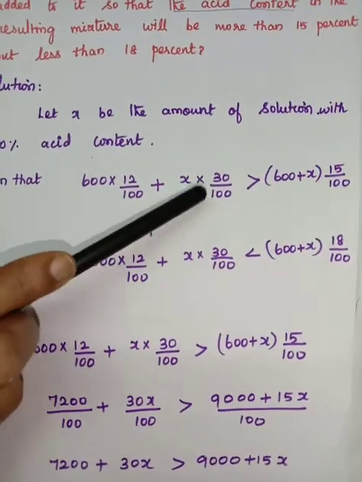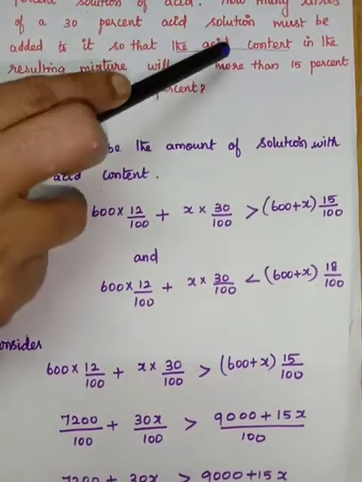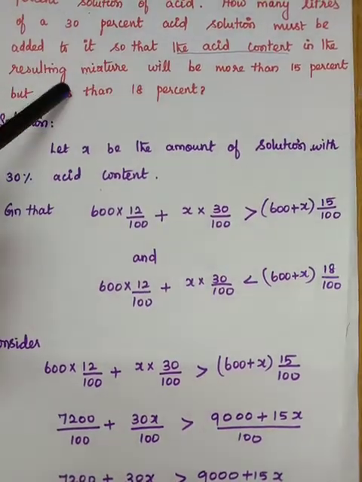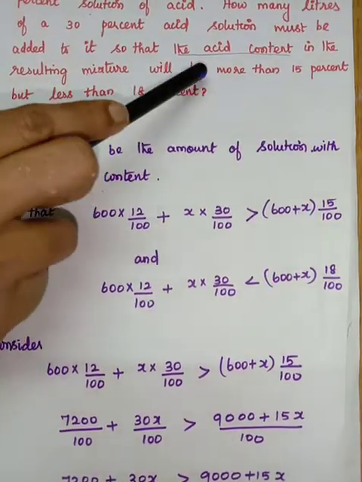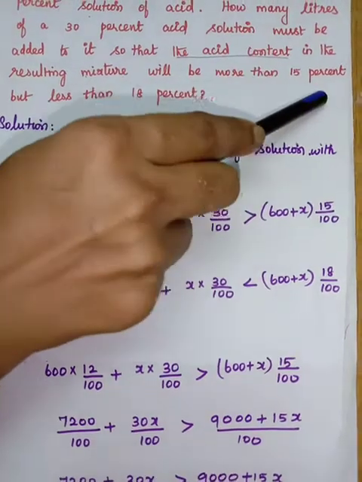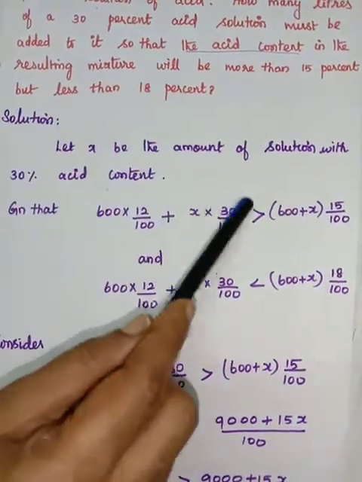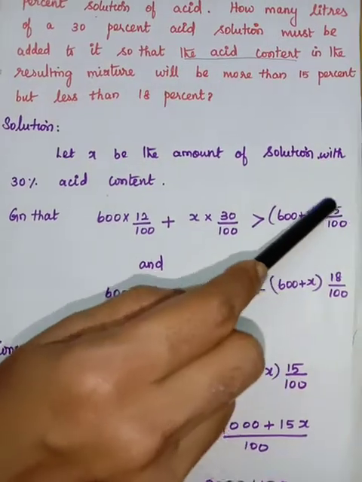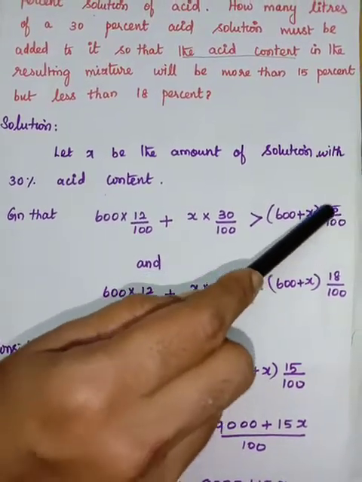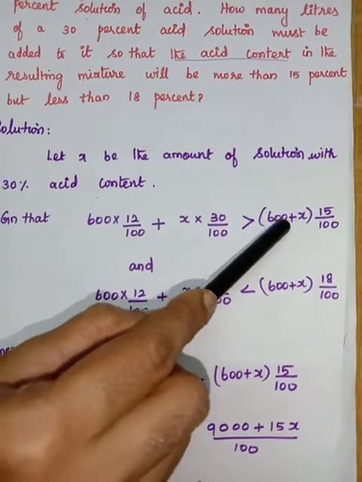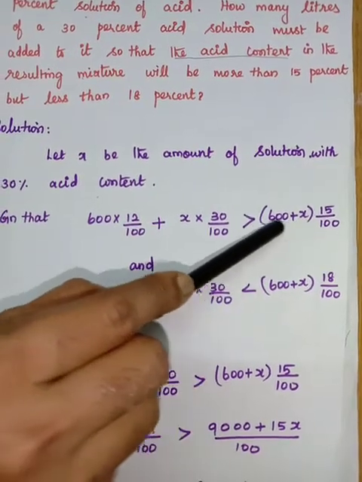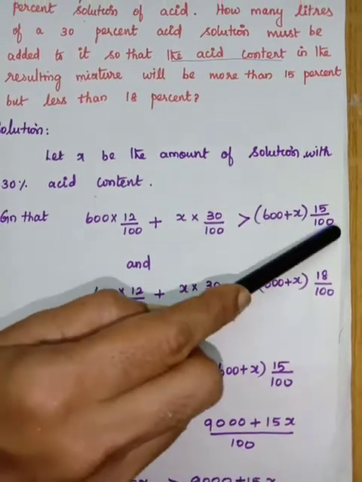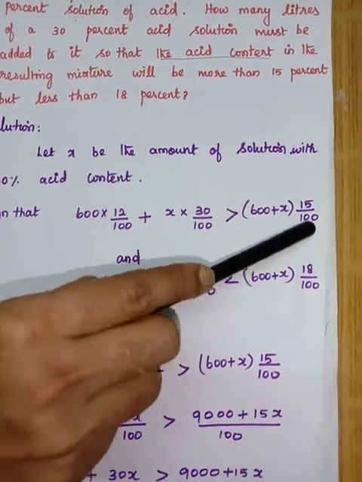The acid content in the resulting mixture will be more than 15%. So this should be greater than 15% of the resulting mixture, 600 plus x.